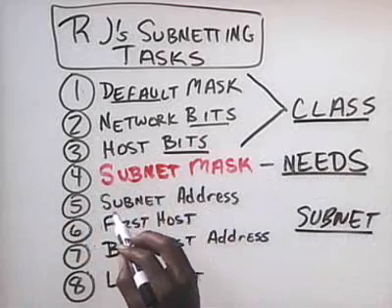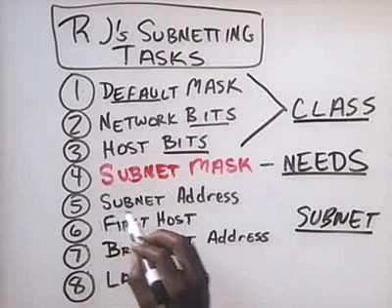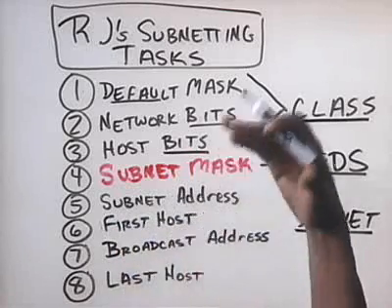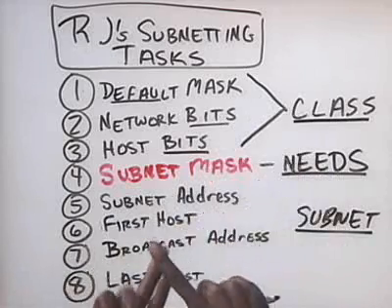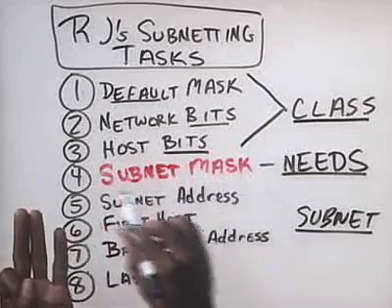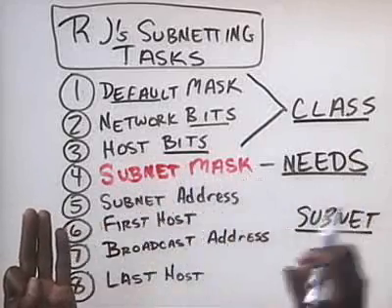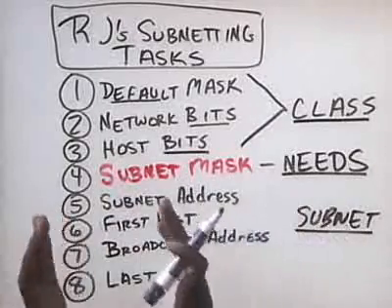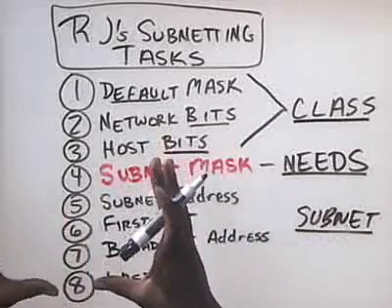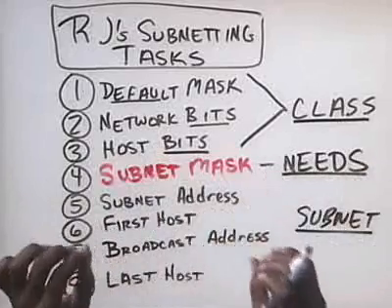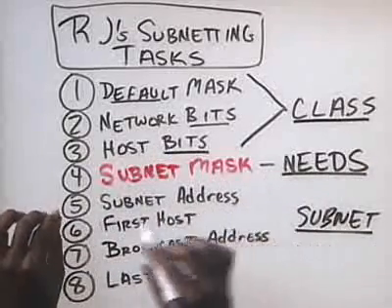The subnet is synonymous with the subnet address, and sometimes this is also referred to as the subnet number. So subnet, subnet address, subnet number, all the same thing, whereas the subnet mask is a totally different item. The subnet mask is based on needs. It's used to differentiate between the subnet portion of an address and the host portion of an address. And we'll look specifically at some examples on that.